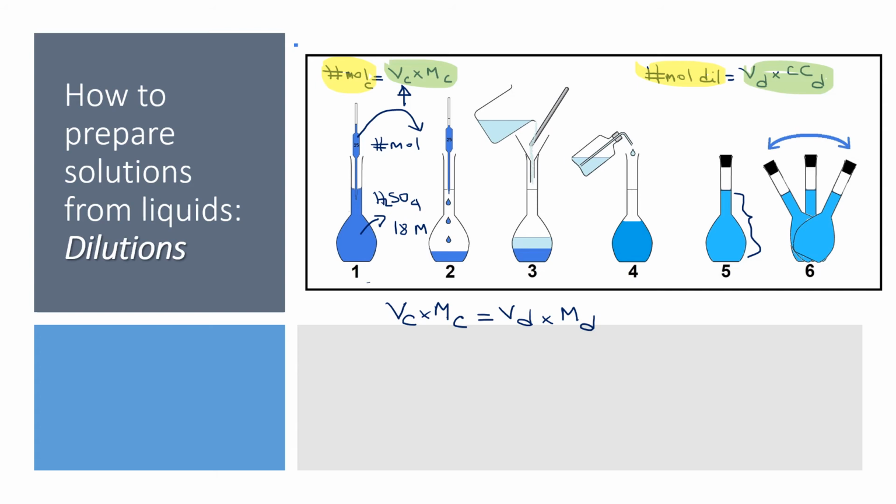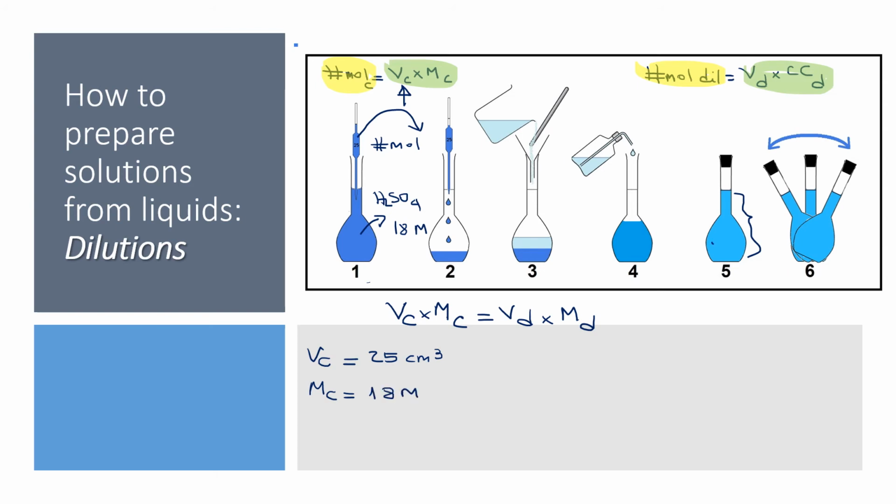That means that I extracted 25 centimeters cube. So the volume of the concentrated solution and the molarity of the concentrated solution are known. Why? The volume of the concentrated solution is the volume that I extracted, 25 centimeters cube, and the molarity of the concentrated solution is 18 molar.